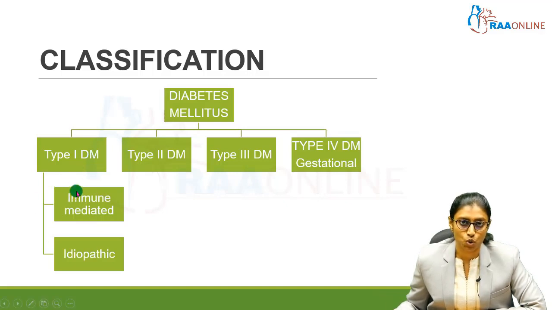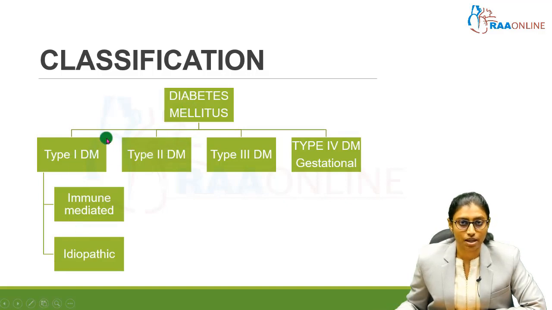So whatever is immune mediated causing type 1 diabetes mellitus is now called type 1A diabetes mellitus. In some people, we are not able to prove by tests these immune mechanisms which are causing destruction of the beta cells which produce your insulin. So such people are labeled as idiopathic type 1 diabetes mellitus, but they also have a deficiency of insulin.